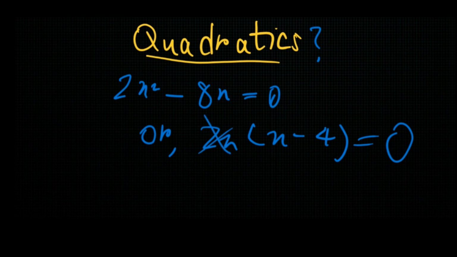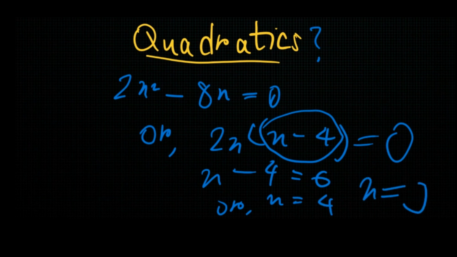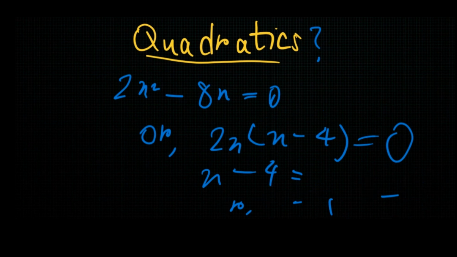As you can see, we don't need to think about 2x. What you need to think about is the inner part, this one. So x minus 4 equals 0, or x equals 4, taking it to the other side. And of course x equals 0 too. So these are our answers.